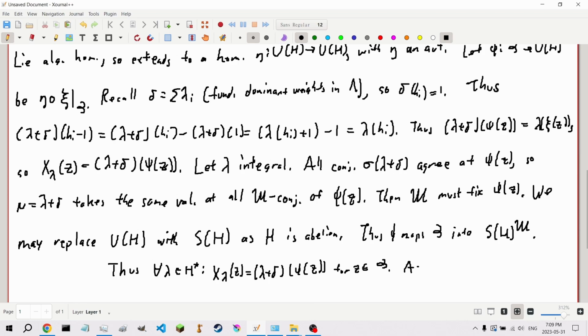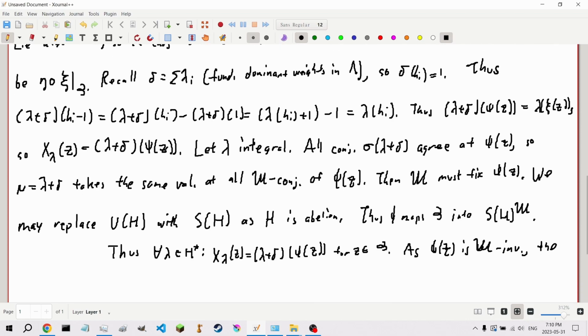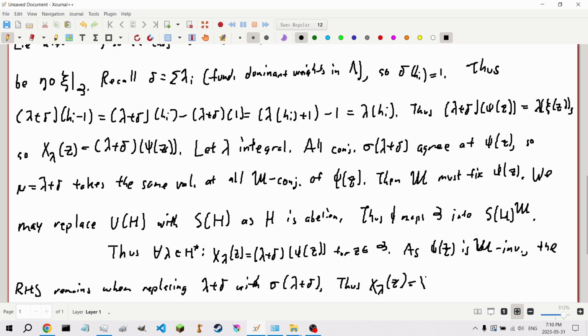Now, as c of z is the Weyl group invariant, the right hand side remains when replacing lambda plus delta with sigma of lambda plus delta, as chi lambda of z is chi mu of z if lambda is linked to mu.